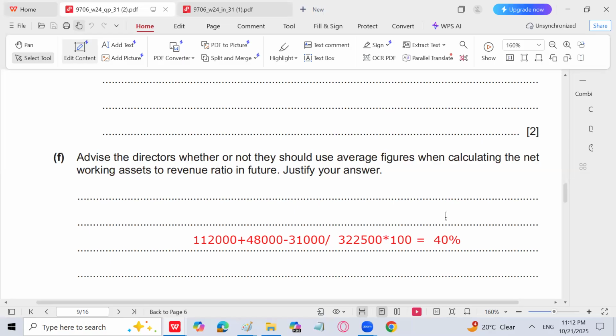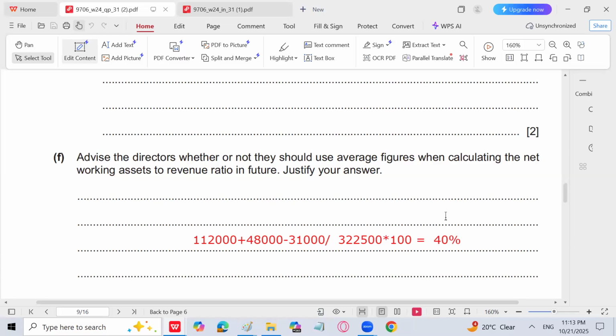So the net working ratio with average values would be lower, but it means that we are generating more sales by utilizing net working assets. So the business will look more efficient, requiring fewer net working assets while generating more sales. Now, sales usually take place throughout the year, not at the year end.